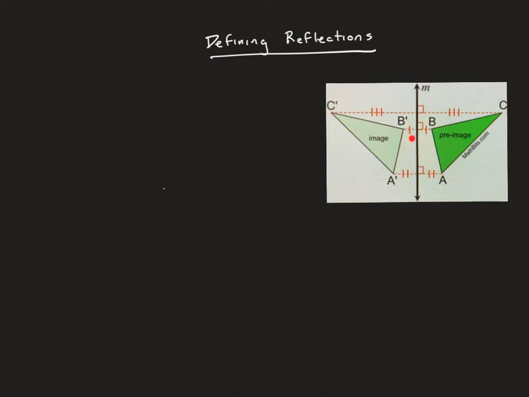And what they've added here, of course, my image and pre-image, stolen off of Math Bits, is that this distance and this distance, from B to the line of reflection and B prime to the line of reflection, according to this, are going to be equal. And if you'll notice, it's showing that it makes a 90-degree angle, which makes it perpendicular.